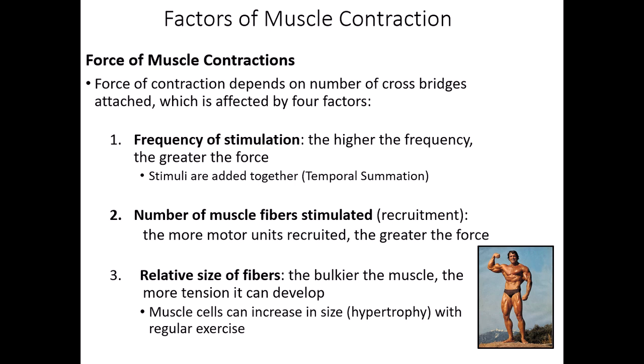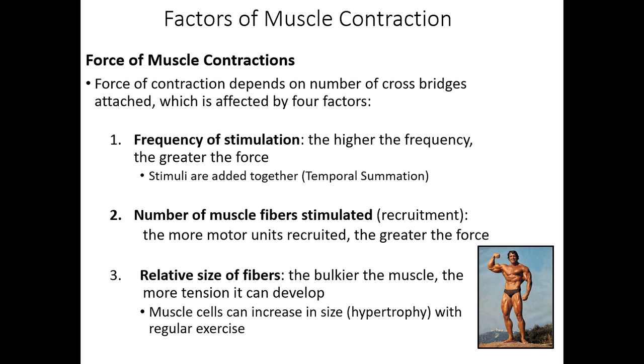So muscle cells can increase in size. That's called hypertrophy with regular exercise. So when we build muscles, we're not making more muscle cells, but we're developing more myofibrils inside the muscle cell. That's hypertrophy, right? Trophy refers to kind of nourishment.